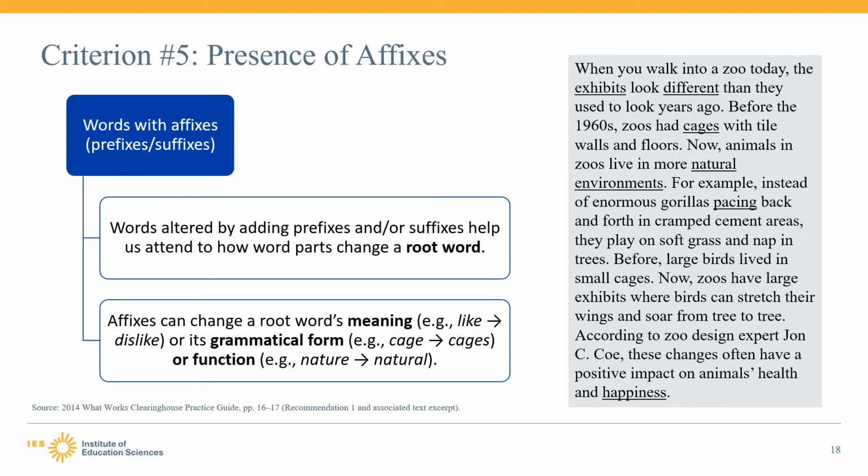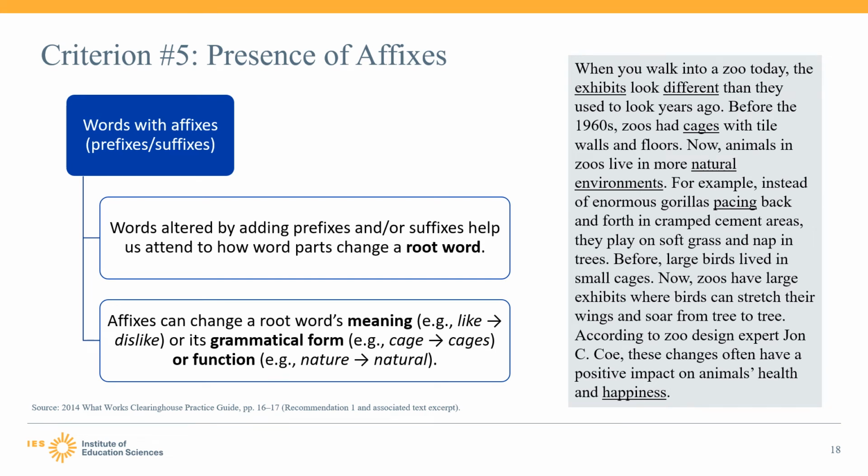This next criterion asks us to shift gears a little bit and focuses on the presence of affixes. So words can be altered by adding prefixes or suffixes. As a general category, we call these affixes, and they help us attend to how word parts change a root word. There are two broad categories of how affixes can change a root word.